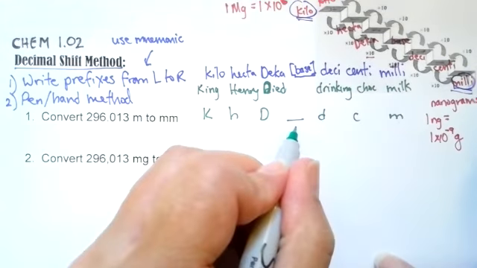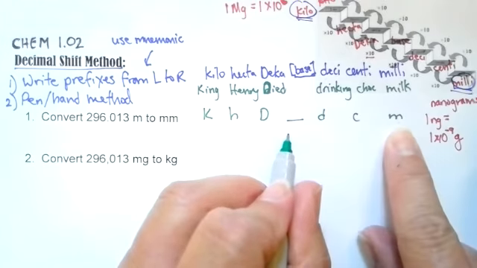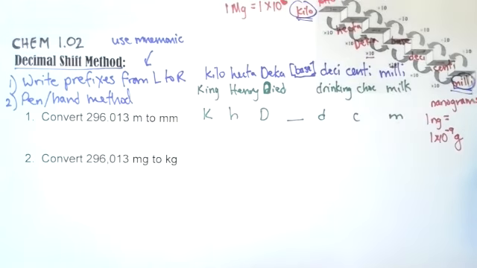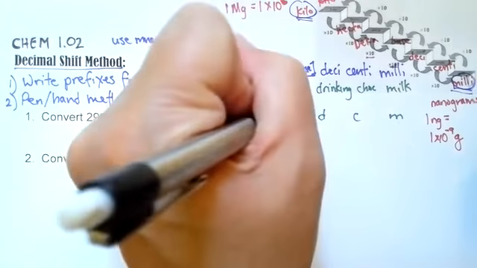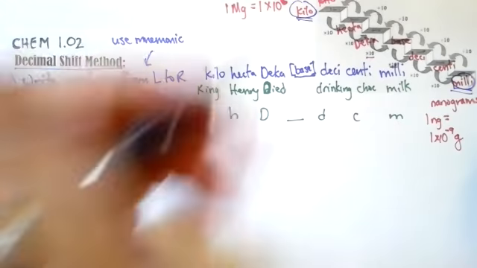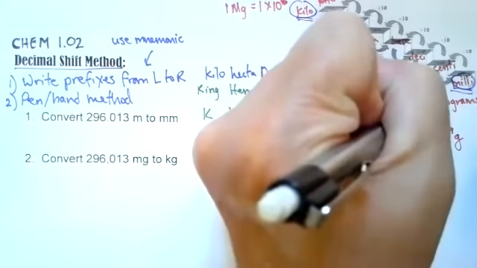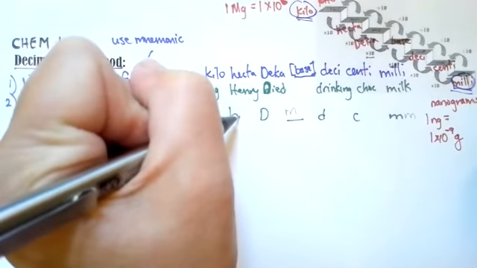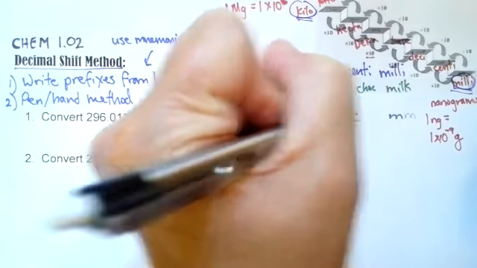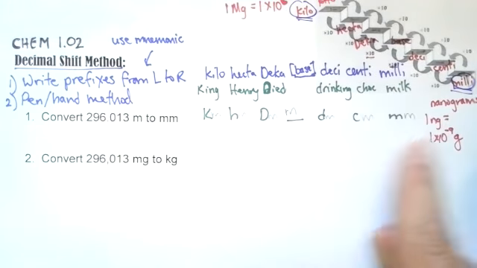Convert 296.013 meters to millimeters. So I'm going to write this in pencil because I'll erase it when I'm done. So I have meters here. I put my base here, so kilometer, hectometer, decameter, meter, so on and so forth.